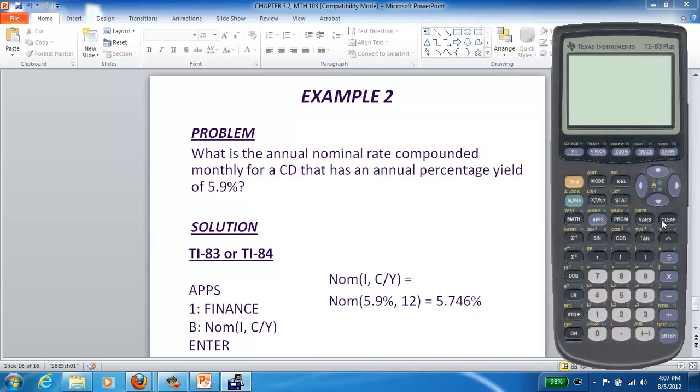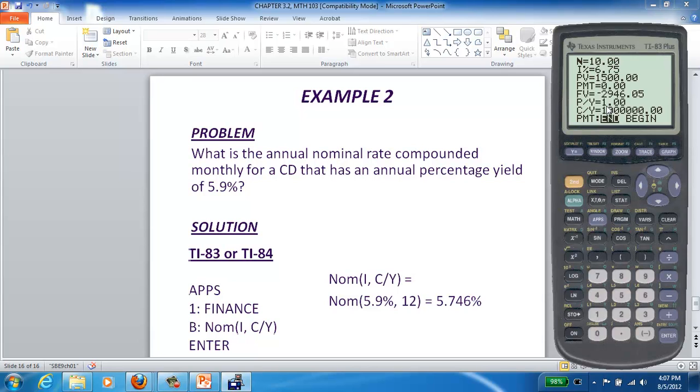As a result, to use the graphing calculator, we go to applications, finance, then you go to TVM solver, number 1, and as we don't have a payment it will be 0, P/Y will be 1, and then we have the N, the I, the present value, the future value, and the C/Y, compounding periods per year.